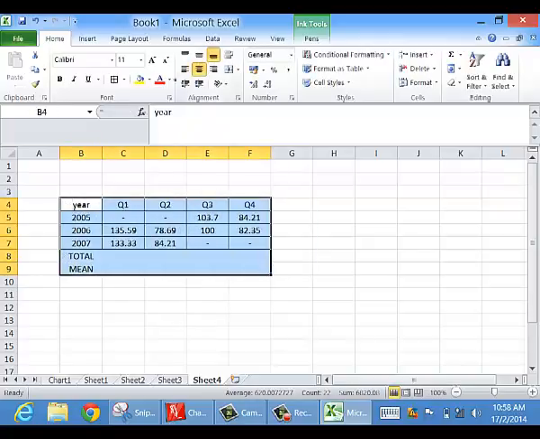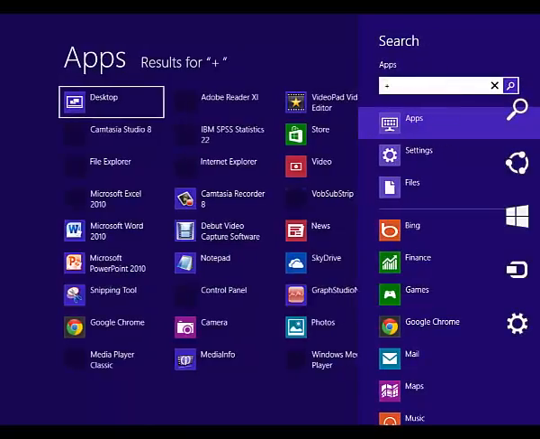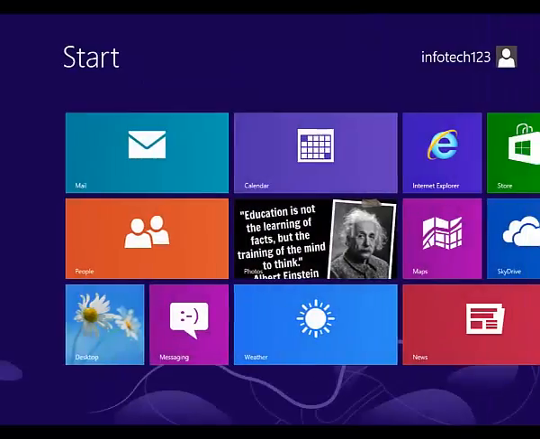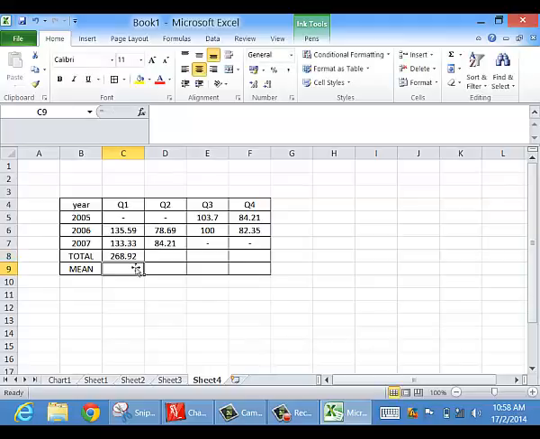So make it center. So total, you add these two values for each time period. Your time period is quarter number 1, 135.59 plus 133.33. So this one plus this one, you get the total, right?